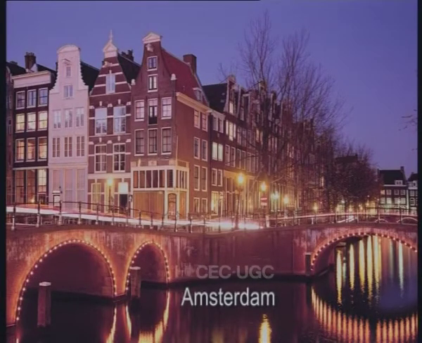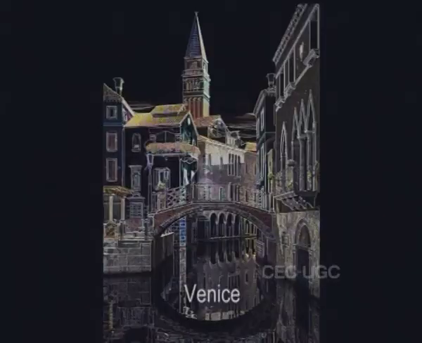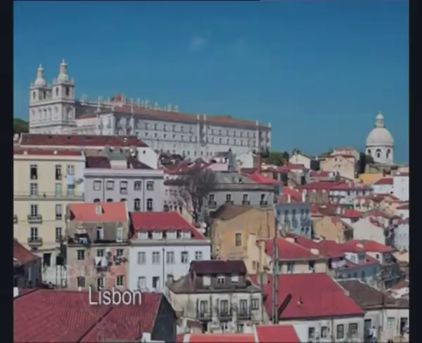Now, we find that the entrepot for spices also changes by the time you come to the 16th century, from Venice to Lisbon. So the whole economic epicenter of Europe changes from the Italian city-states to the ports of the Atlantic coast.